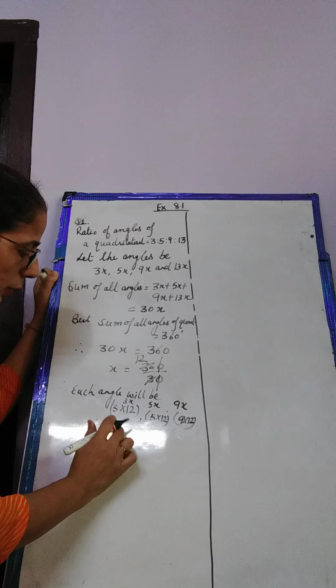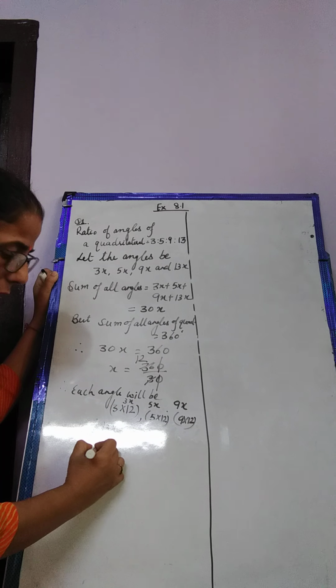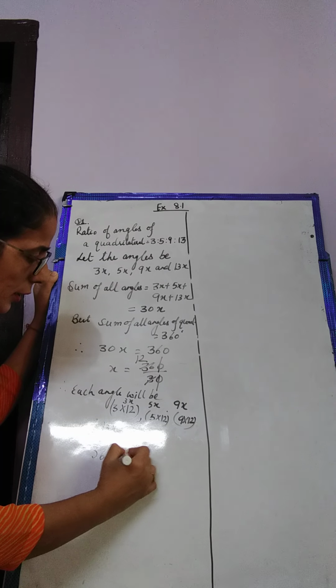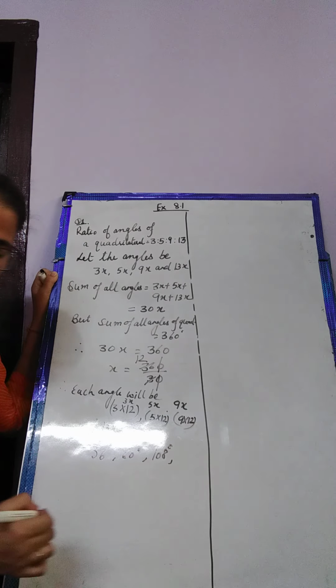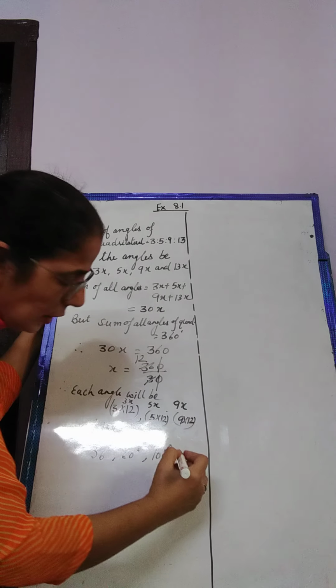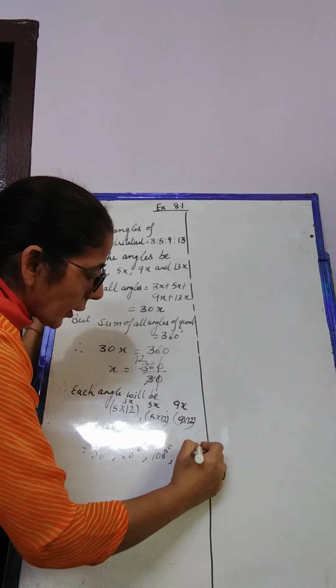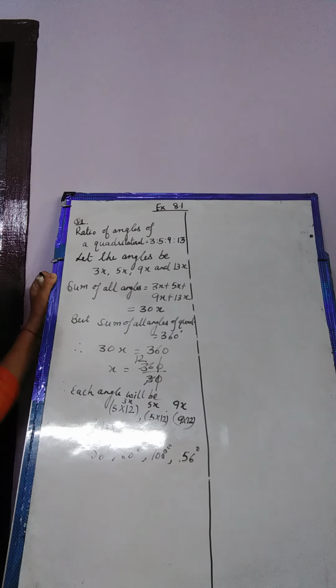Let us find the values. 12 3s are 36 degrees, 60 degrees, 108 degrees and what will be the last answer? 156 degrees. So we got all the answers, right?